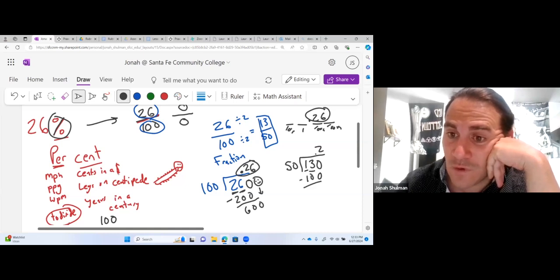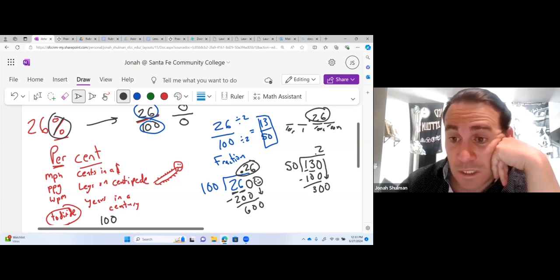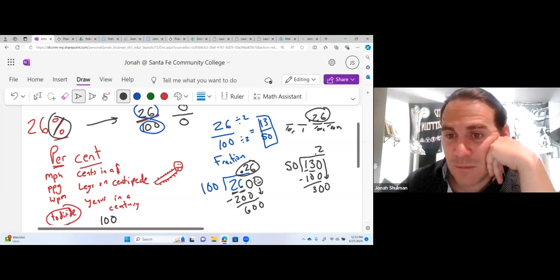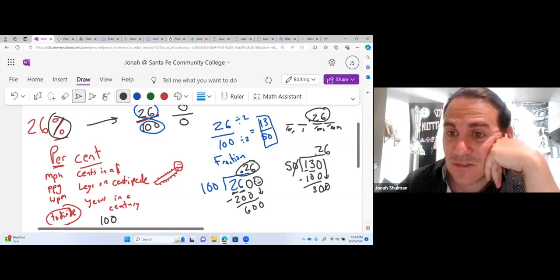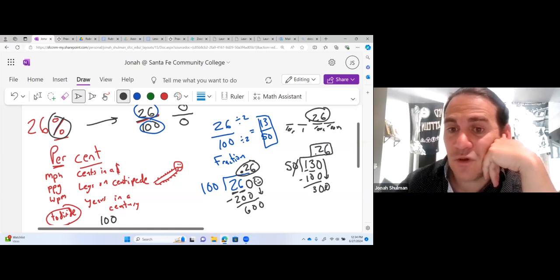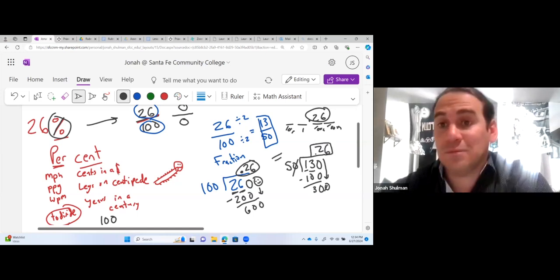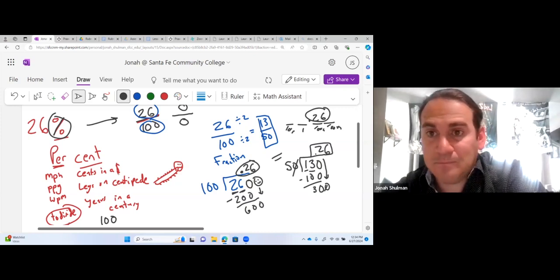And I have what left over? 3, 0. Now I have the decimal, so I can bring down as many as I want. And 50 times what gives us 300? Well, we can think about it as 5 times what gives us 30. The correct answer is 6. Look, they match. So in mathematics, they'll always match.